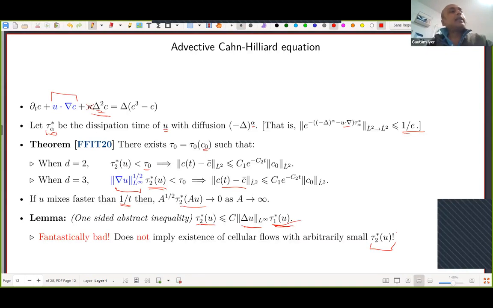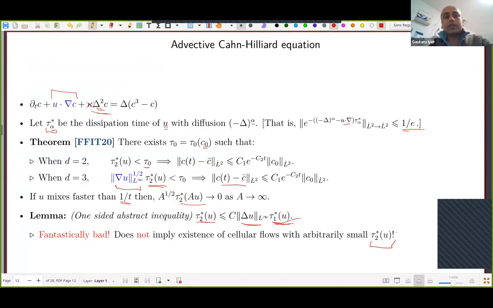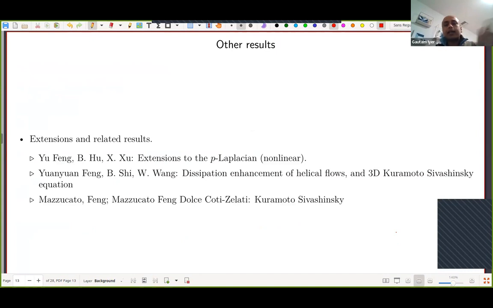But okay, let me briefly mention a few other results which are very nice, which are not by me. Yu Feng, Bining Hu, and Xiao Shu have some extensions to the p-Laplacian. Yuan Feng, Shi and Wang used helical flows for the 3D Kuramoto-Sivashinsky equation to get similar results.